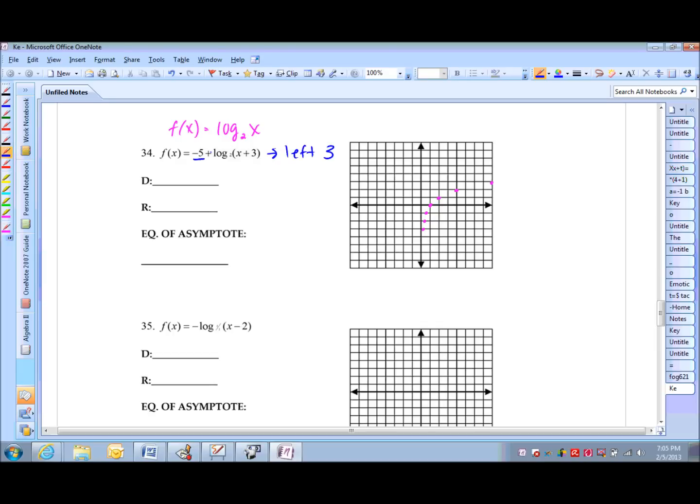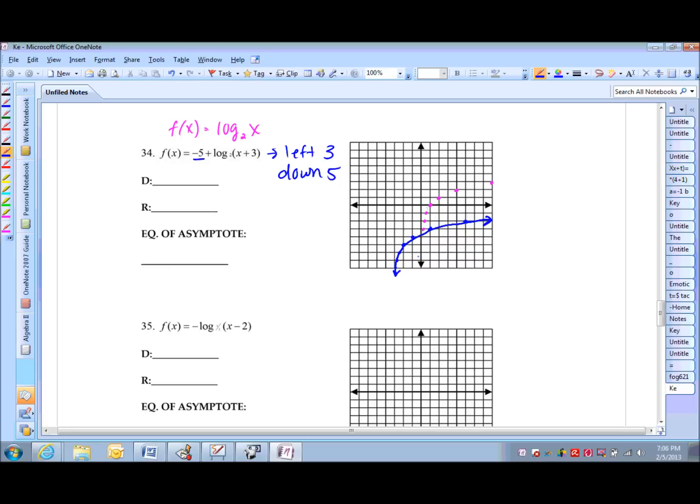And this negative 5 out front means I need to move down 5. So I start at each point, move left 3, and then down 5. Connect those points, and your graph should look something like that.